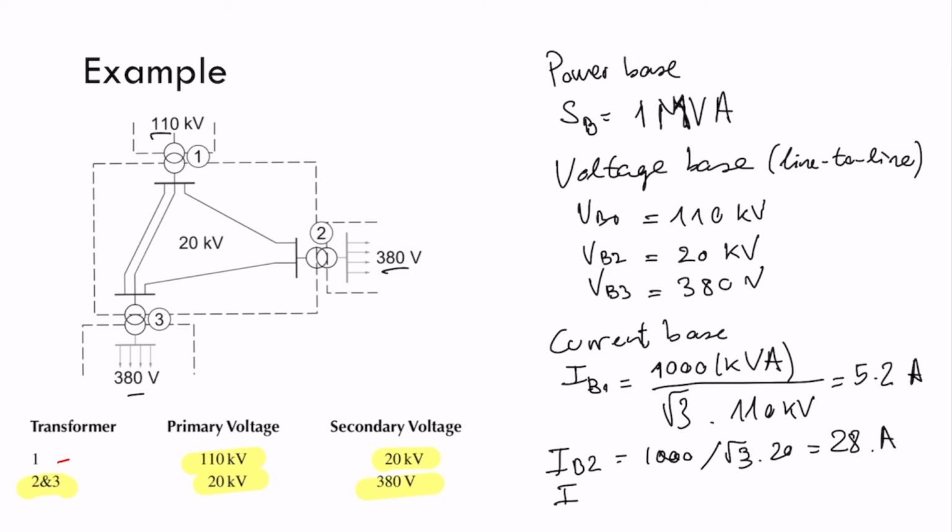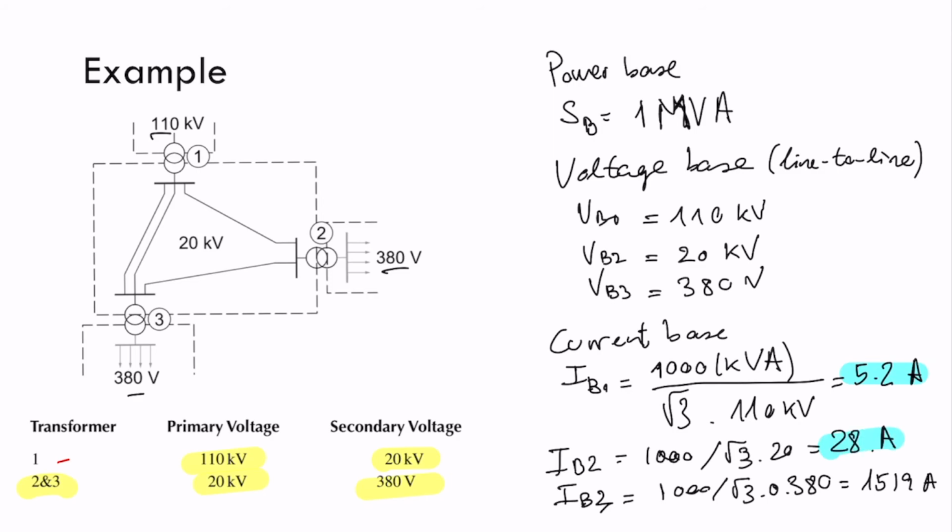And the base for 3 is 1000 divided by the square root of 3 times 0.38. This is 1519 amperes. So observe that every time we have a current in each of these sides, if the current is on the side 1, on the area 1, we have to divide it by 5.2.